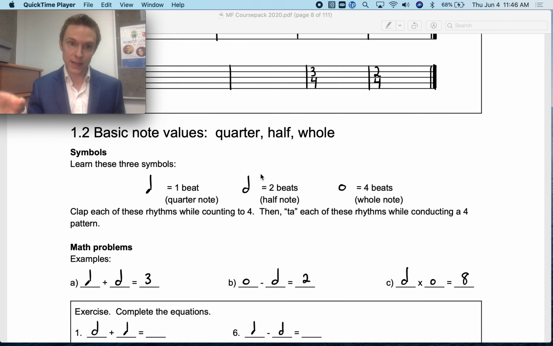So the first ta takes up beats 1 and 2, and the second ta takes up beats 3 and 4. Finally, the whole note, you're going to perhaps feel the most awkward about this one because you're going to hold a ta for 4 full beats. So something like this. Ta, ta, and so on. So I recommend you practice these 2 variations many times just to feel comfortable with these different note value symbols.